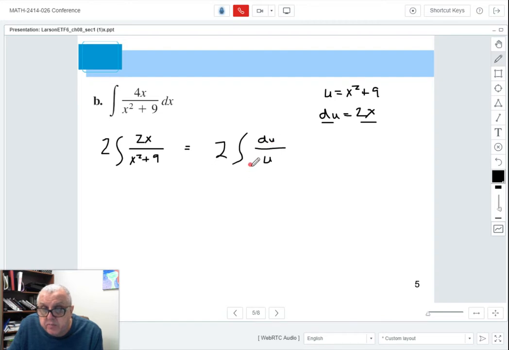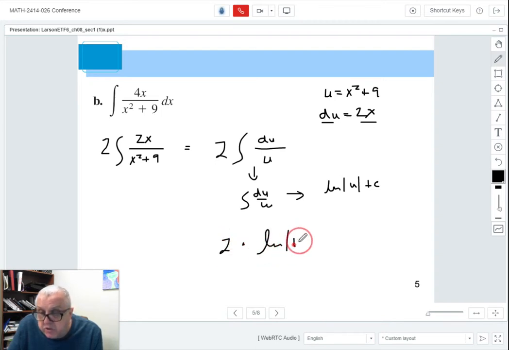So I'm going to change it to 2 times the natural log of u plus c. And now if I change it back, u is x squared plus 9, plus c. And there's my answer.